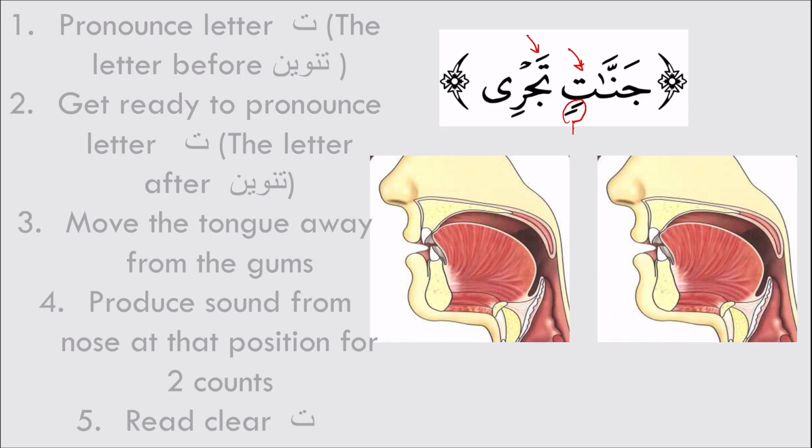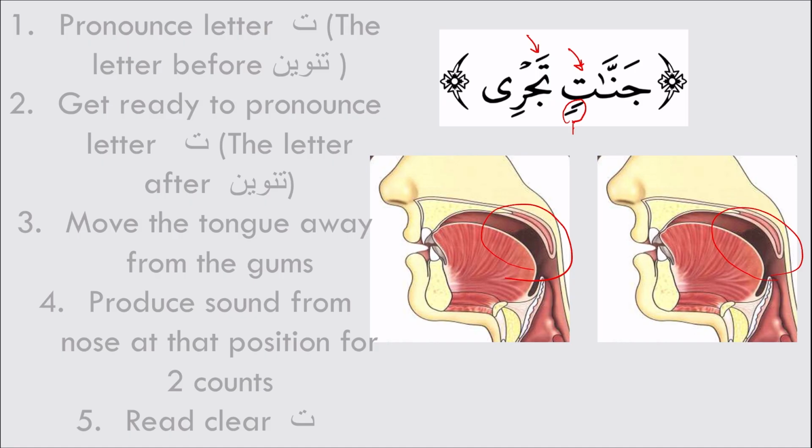We are going to get ready to read tat, tat. And I need you to make sure always that the back of the tongue is not closing the throat. The throat is open. You should always keep the Ta opening the back of your throat. The beginning of your throat is always open.